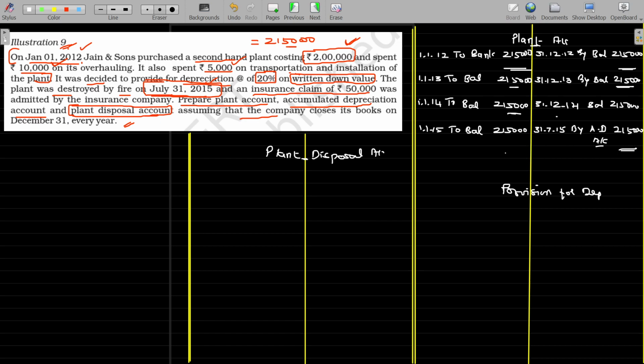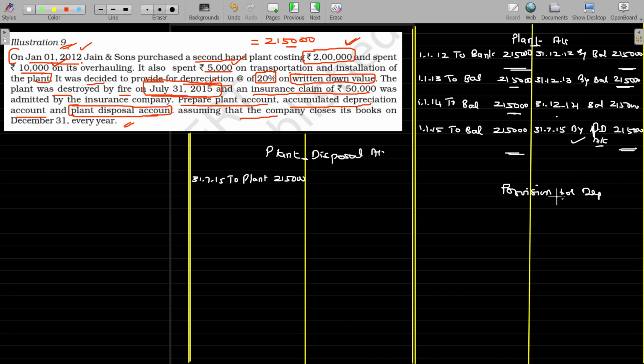Thereafter, the balance of the plant and machinery will be 0, nothing will appear. This value is transferred to the plant disposal account. The date of transfer being 31/7/15, to plant account, the value being 2,15,000. This will be the plant disposal account also.